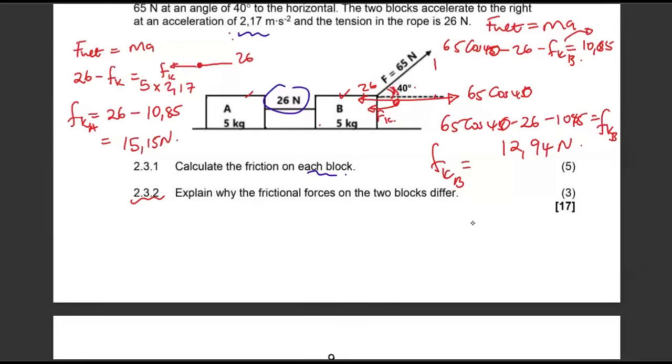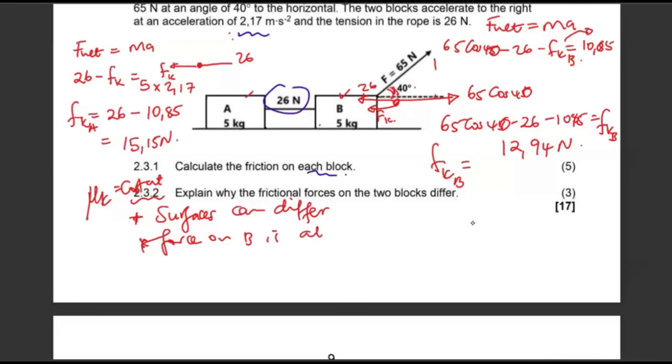So to answer this question, we could say that we know that the coefficient is constant for a specific surface. So one, we can say that surfaces can differ. And then the force on B is at an angle, meaning that it is only a single component, the horizontal component, and not the entire 65 that will work on it.